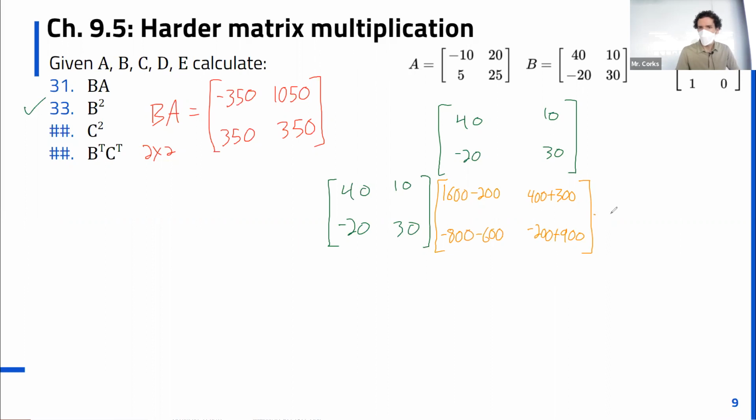Okay, and then if we add these things up, we can just do these easily: 1,400 and 700 and negative 1,400 and, sorry, positive 700.